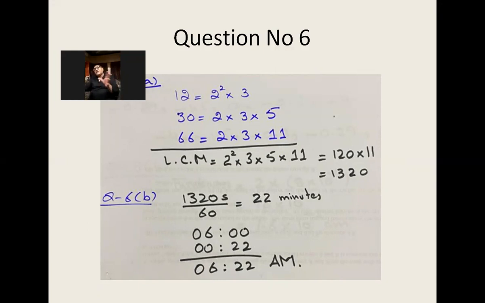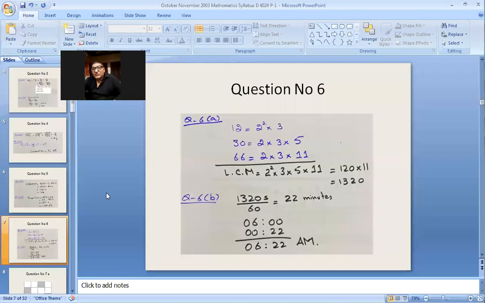I divided 1320 by 60, so that's 22 minutes. At 6 o'clock the lights flash together, and after 22 minutes they will again flash together. So it will be 6:22 a.m.